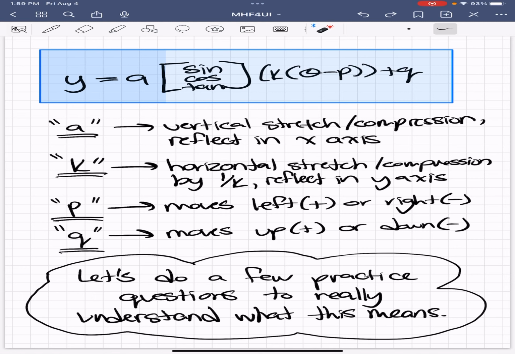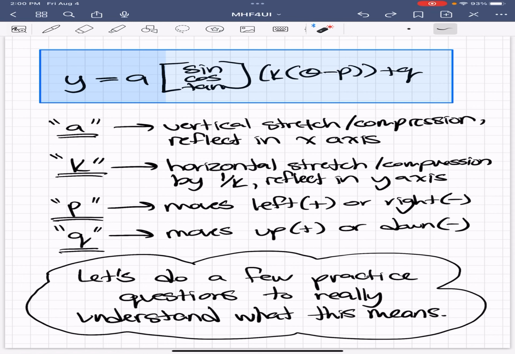Okay. So we have y equals a(sine, cos, or tan)(k(theta minus p)) plus q. So a is a vertical stretch or compression, or a reflection in the x-axis if it is negative.